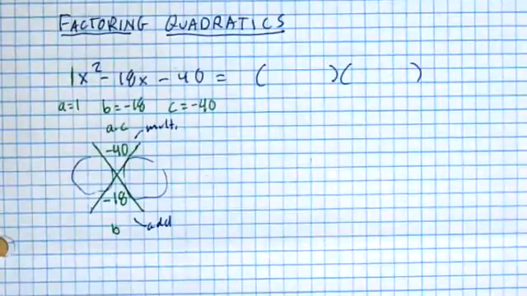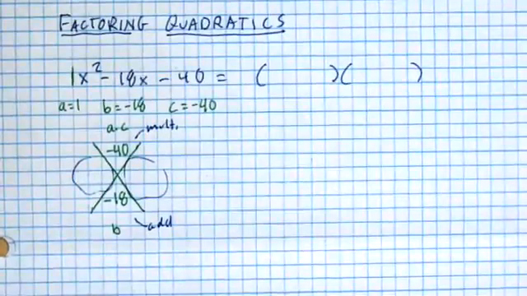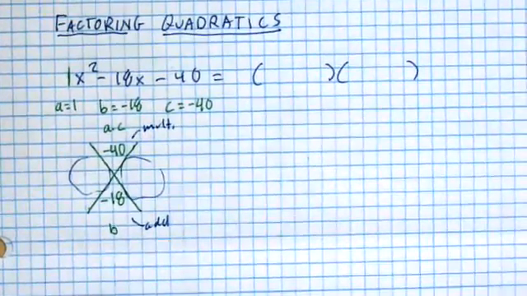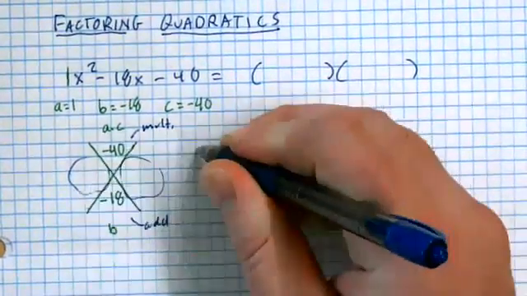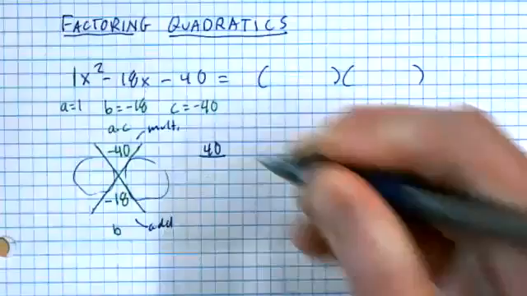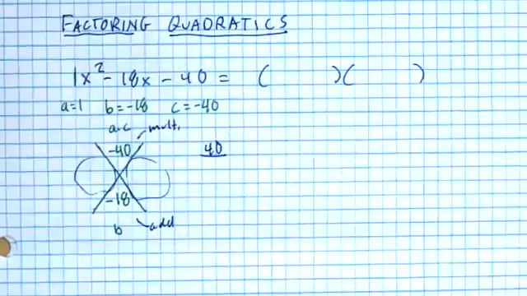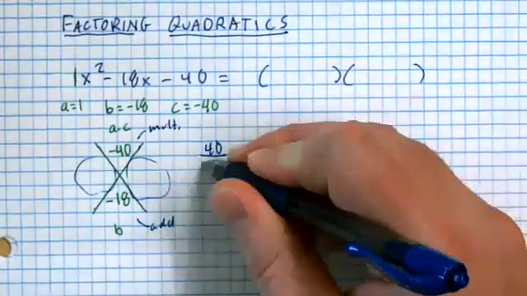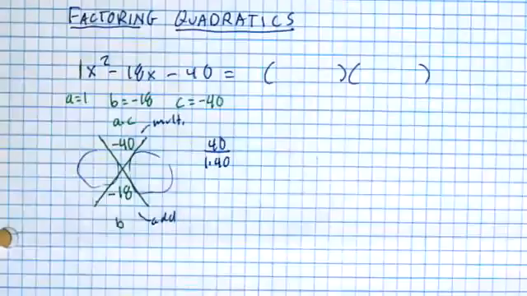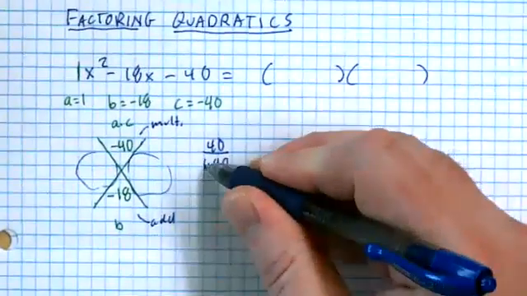Now, one of the things that's helpful in figuring this out, if your math facts are not super strong, is to take the number in the top, ignore the negative on it, and off to the side, write out all the different ways you can think of to get 40. Start with 1 times 40, and do this methodically. Start with 1 and go up from there.